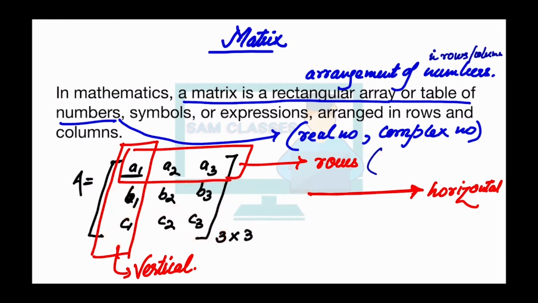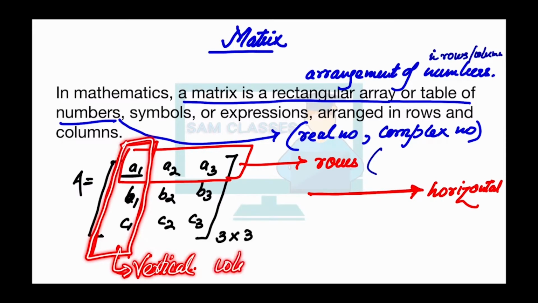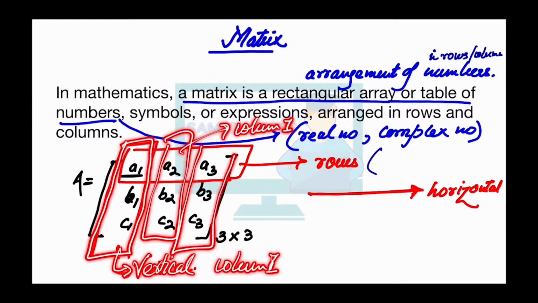And what I told you, the standing line, the vertical, is the column. So this is my column 1, this is column 2, and this is our column 3. In case there is a small spelling mistake here and there, do ignore it. Students, carefully note it down.